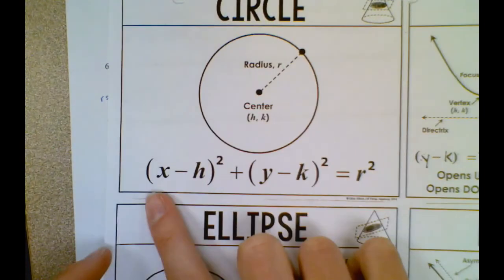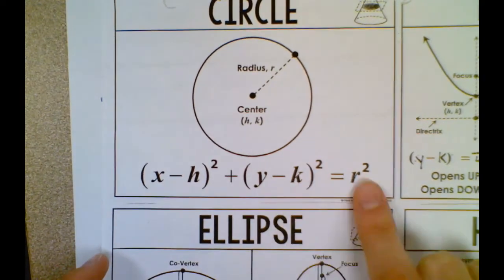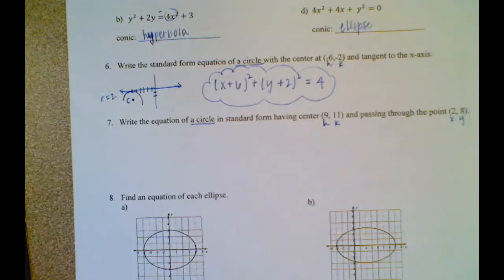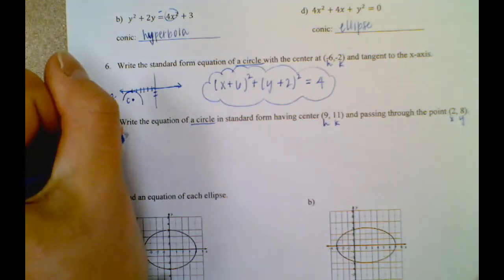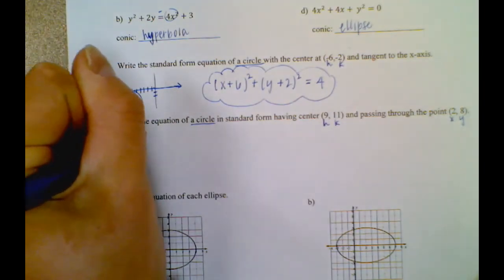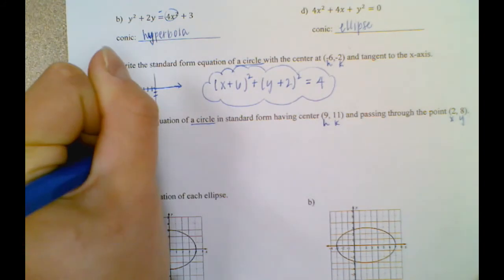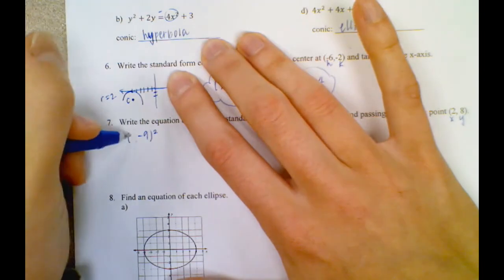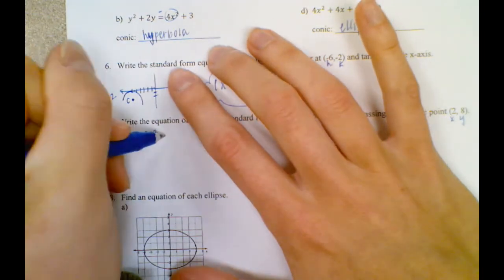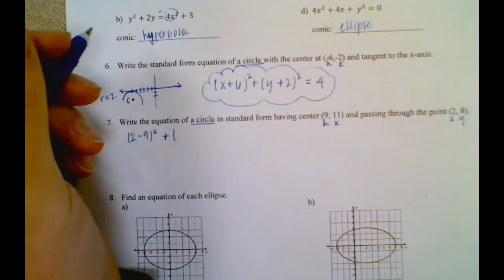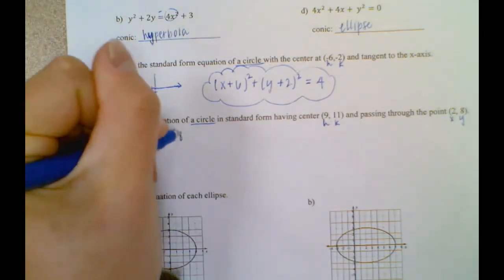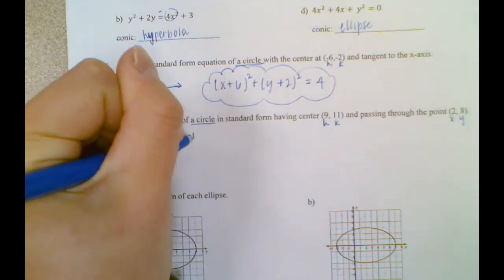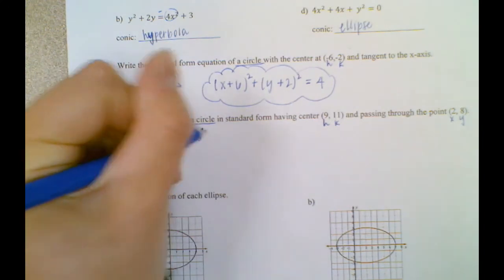If you look here, you have x, h, y, and k, so really all you have to find is r. And you can do that by plugging this into that formula. So we have x minus h was 9. Oh, whoops, x was, we were actually given that, 2. So 2 minus 9 plus y, which is 8, minus k, which was 11, squared equals r squared.